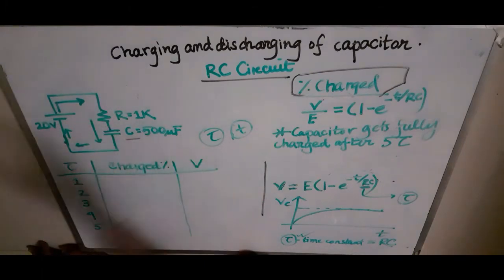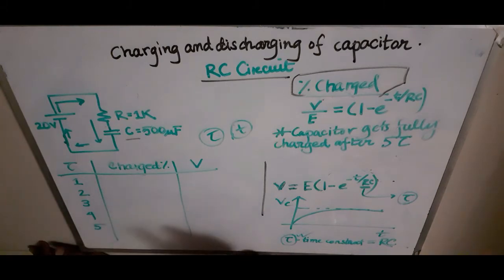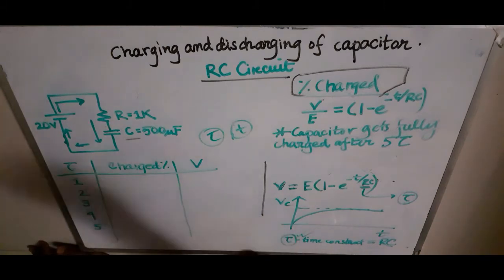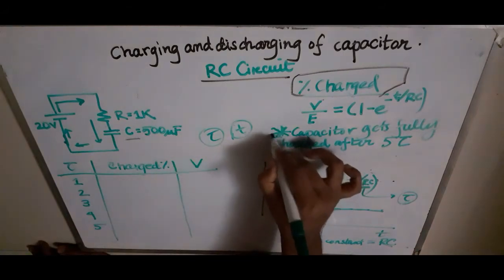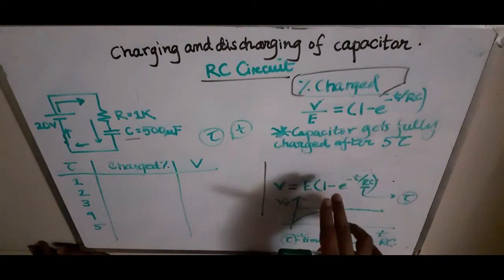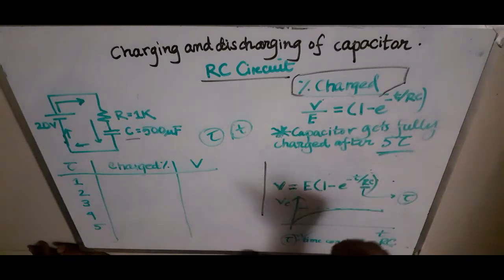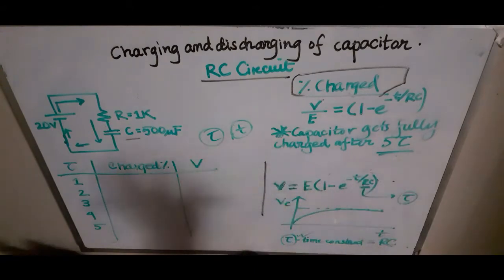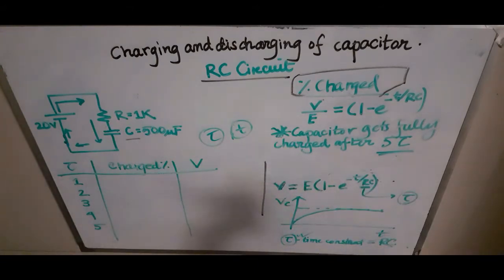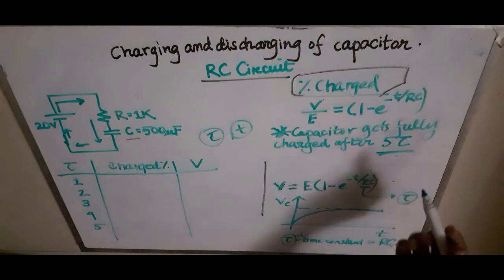And at that moment current will stop flowing. So you might be asking yourself how much time it will take for the capacitor to charge. So this thing you need to remember, usually the capacitor gets fully charged after 5 time constants. This is a thumb rule. Capacitor usually gets charged after 5 time constants.